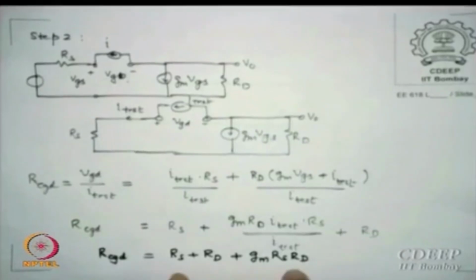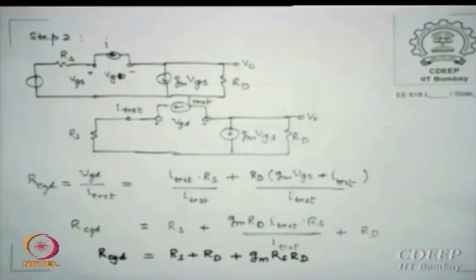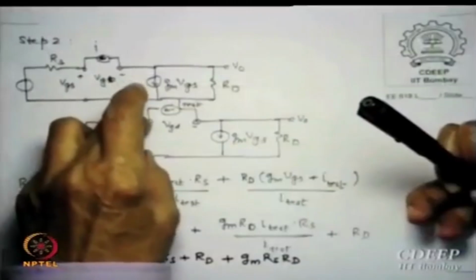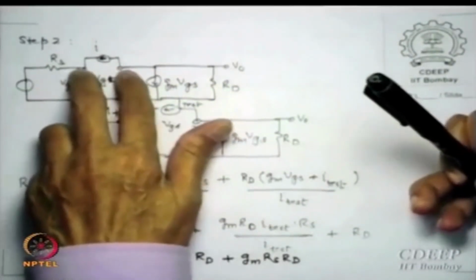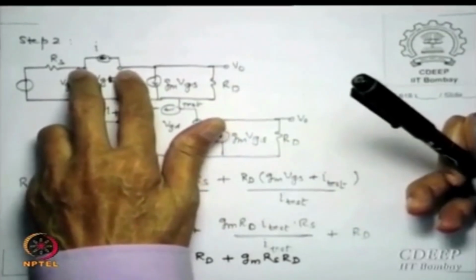Now start looking at this expression. इसमें यदि RS RD common है 1 plus GM RD term आ रहा है. 1 plus GM RD times RS ये term आ रहा है उसमें, आपके expression में भी है. I open CGS, I open CDB and across CGD I want to find the resistance as seen by this.